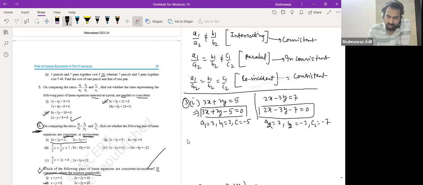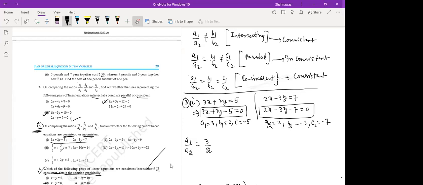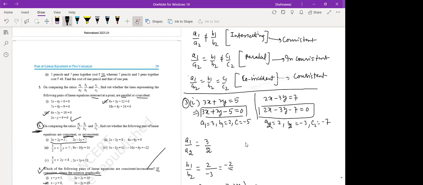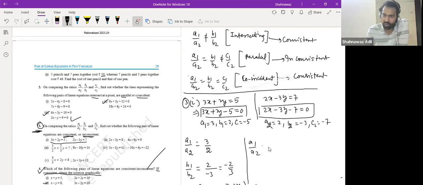So then what is A1 by A2? A1 by A2 is 3 by 2. What is B1 by B2? This is 2 by minus 3, which is minus 2 by 3. So we can say that A1 by A2 is not equal to B1 by B2.